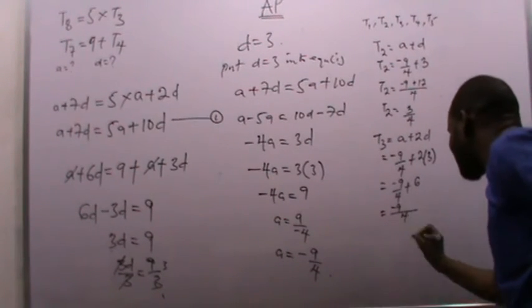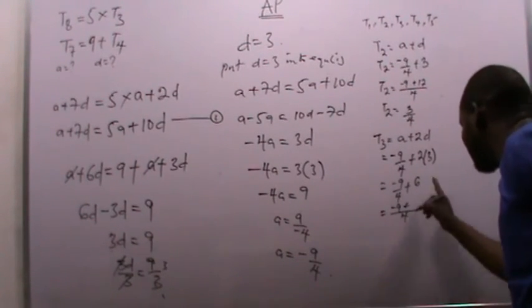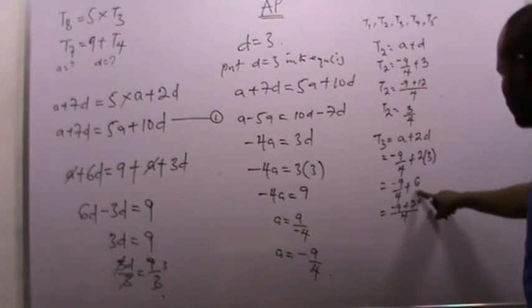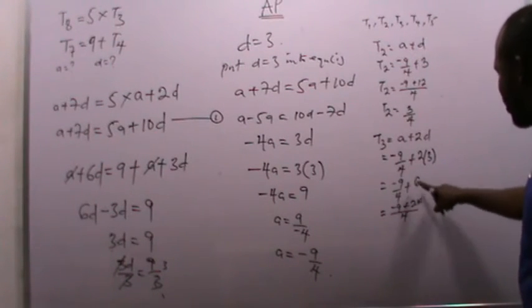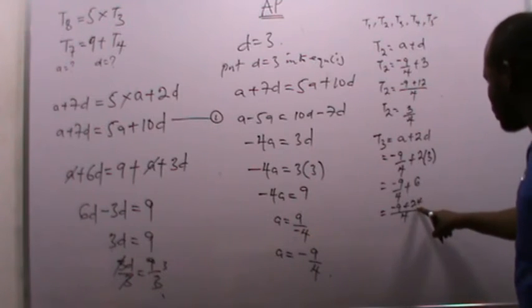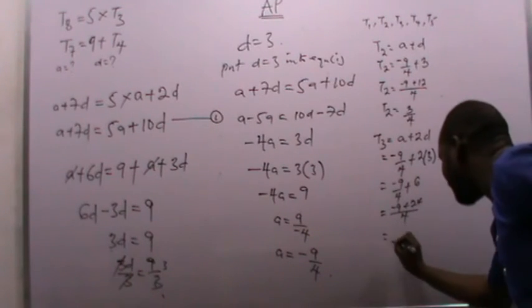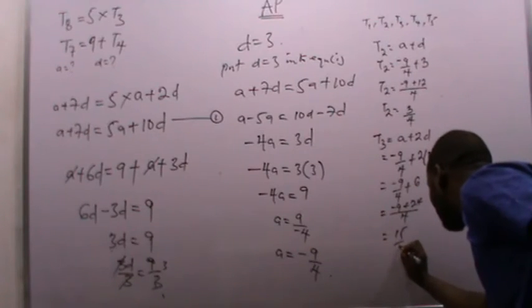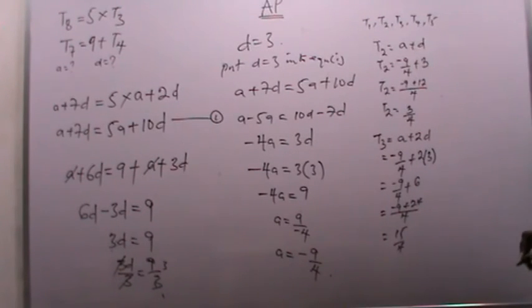This is minus 9, this is 24, because 4 times 6 is 24. So 24 minus 9 will give us 15 over 4. That is the third term.